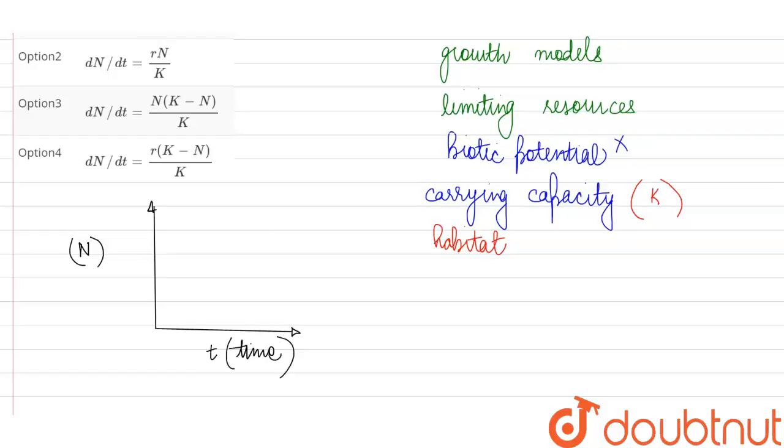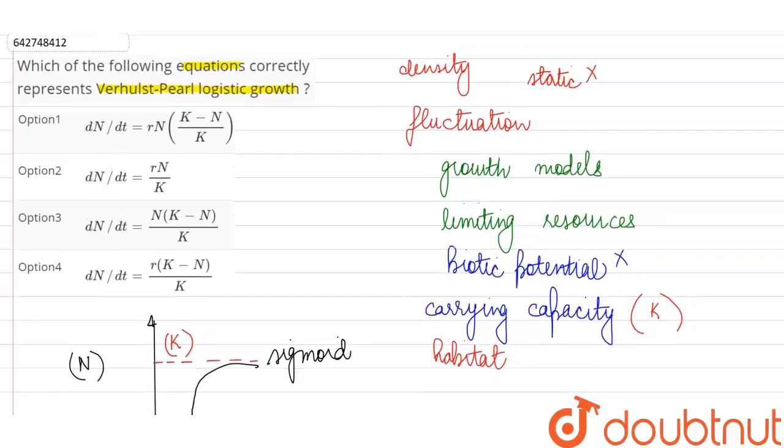So for such logistic growth we will obtain a characteristic sigmoid or S-shaped curve, because once the carrying capacity has been reached over here, once K has been reached, now beyond this the population cannot increase. So definitely in the equation for population growth, K is going to be a factor. If K is not there, then this cannot be our correct equation.